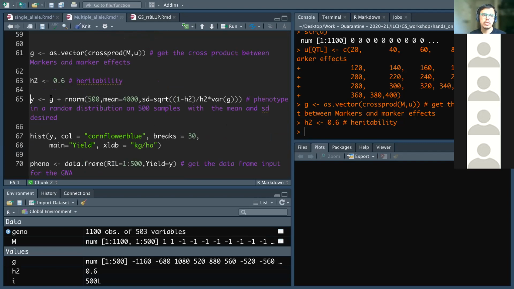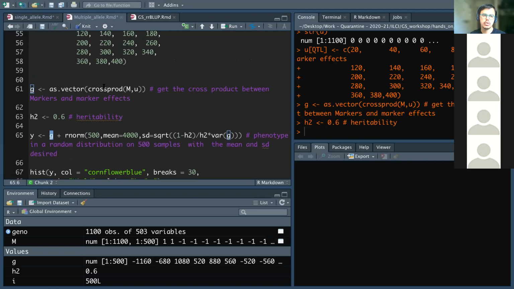So here I'm using the genetic effects that I just estimated with the cross product between the matrix of the molecular markers and the QTL effects. I'm going to produce a random distribution of 500 individuals with a mean of 4,000.